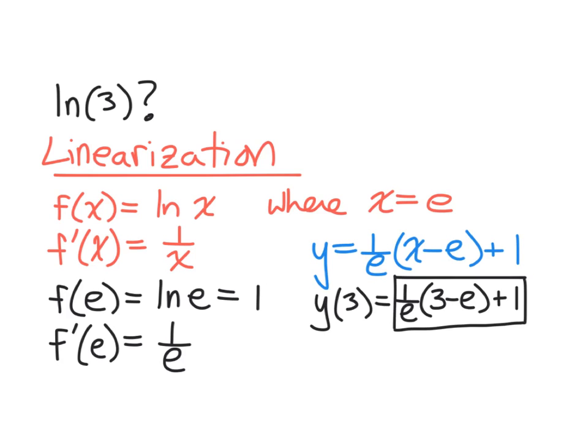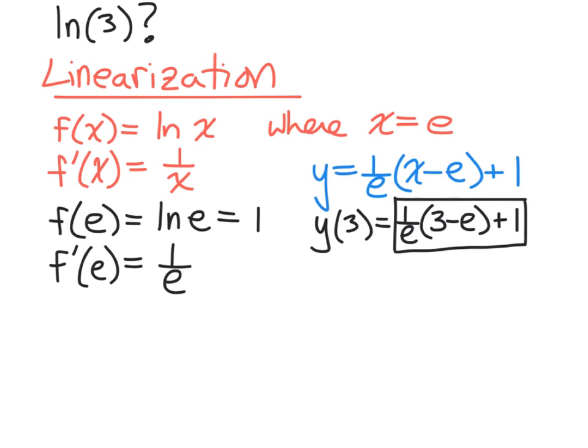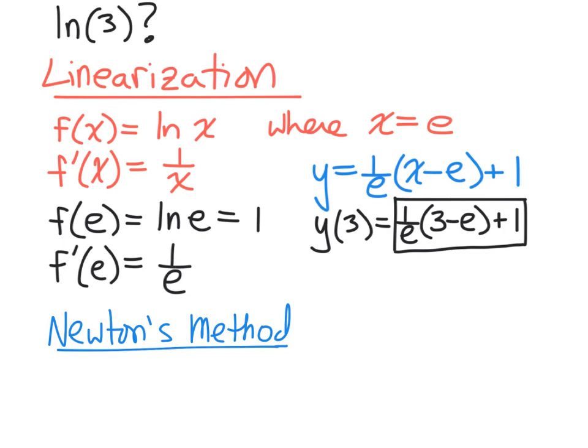If we wanted to use Newton's method, what we need is a function that we would find the zeros of. The whole point behind Newton's method is to be able to find the zeros of a function.